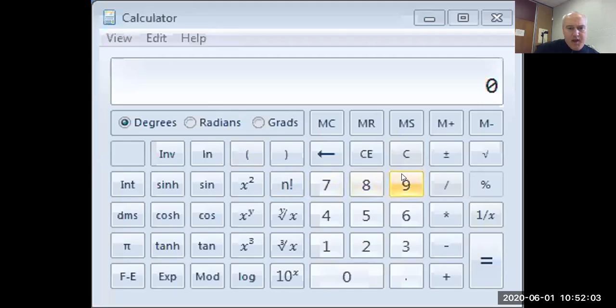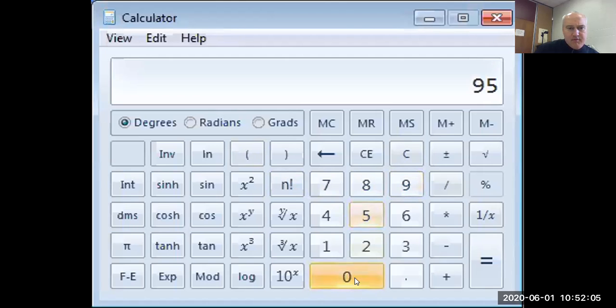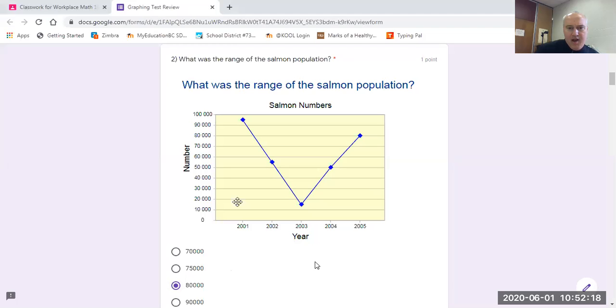So I'll just switch to my calculator here. We had the high number, which was 95,000, minus the lowest number, which was 15,000. And so the difference is 80,000, and that's where we get that figure from. So if I come back in here, that is why I would be clicking on that as the value.